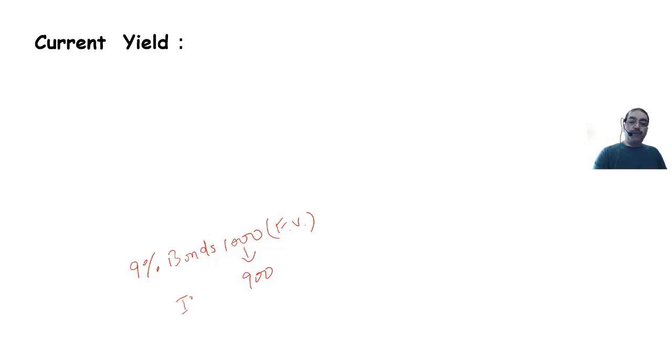This is your issue price. So when you're issuing the bond at 900 rupees, this becomes, in other words, the market price at which the bond is sold. That means you are selling at a discount of 100 rupees, 10% discount.